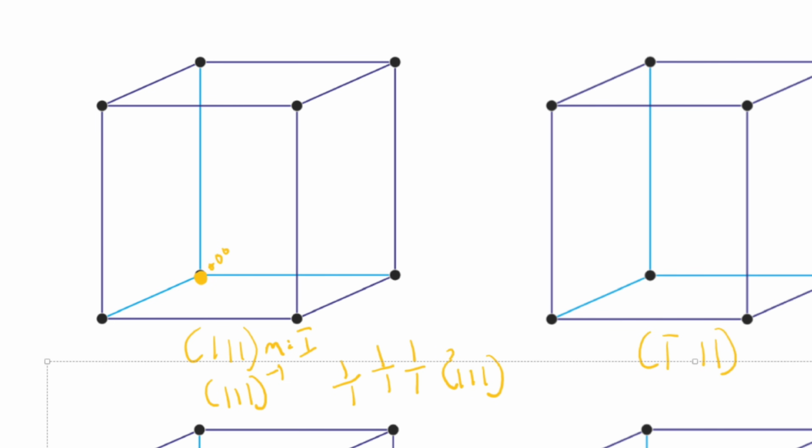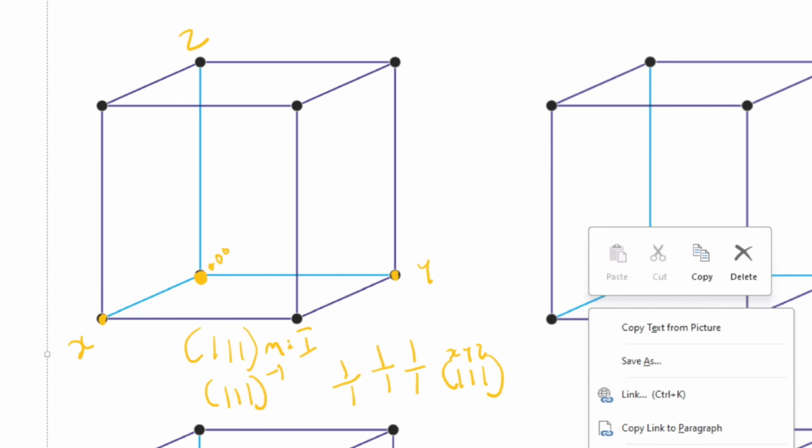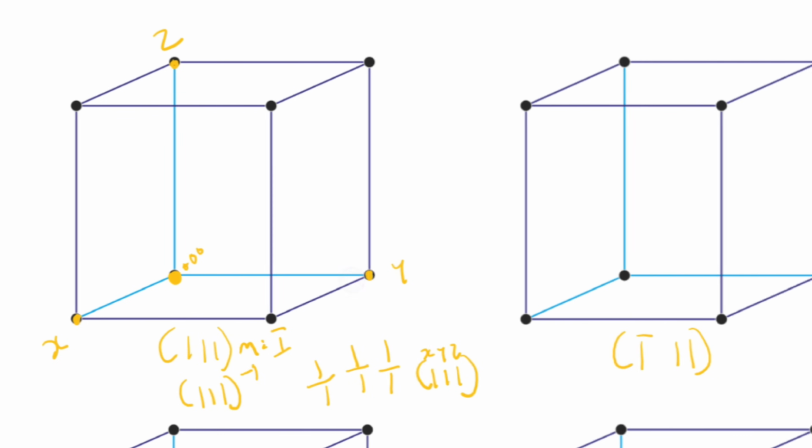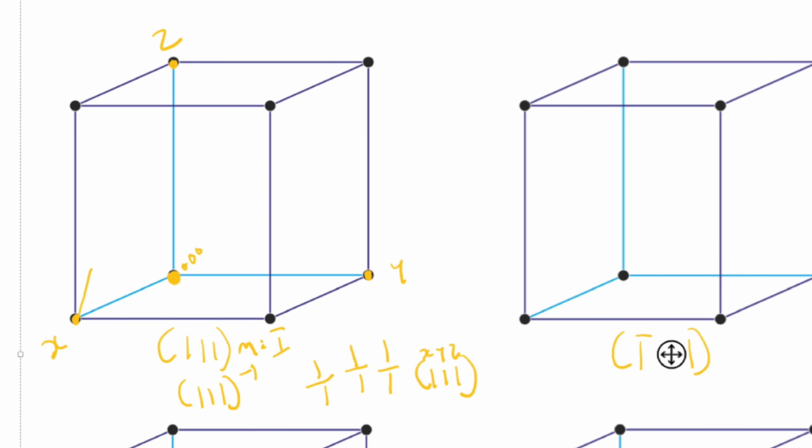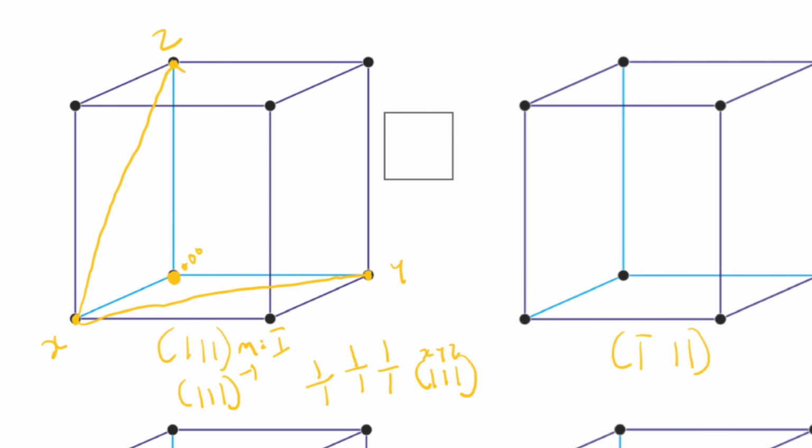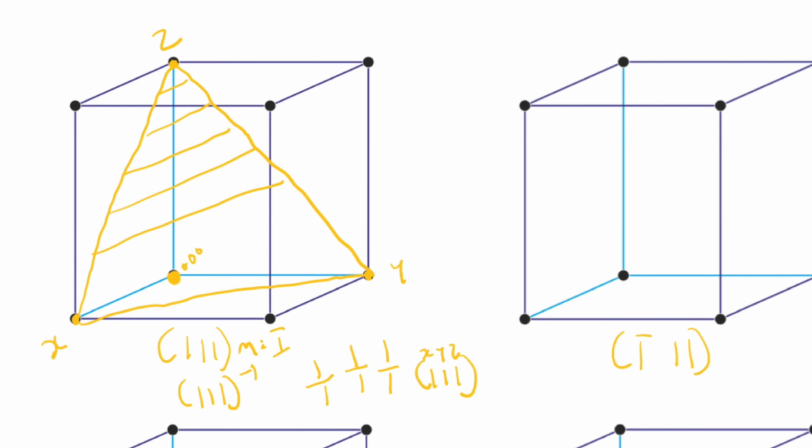Then we know this is our x, y, and z axis. So from the point of origin, we pick our x, we pick our y, then we'll pick our z, and if we connect this together, it gives us this. And we shade our plane out.